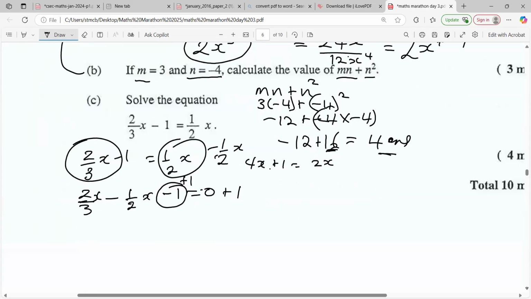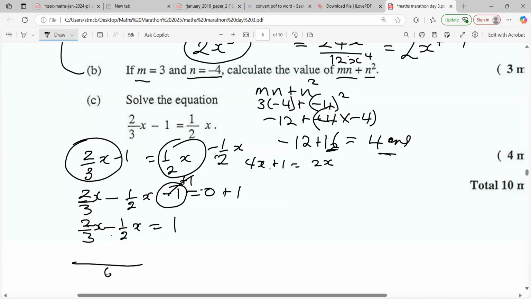So now we are left with this. Because we add 1 here, we get that to be 0. So it will be now 2/3 minus a half x equals 0 plus 1, which is 1. But we have not finished it, right? We just need to subtract a half from 2/3.